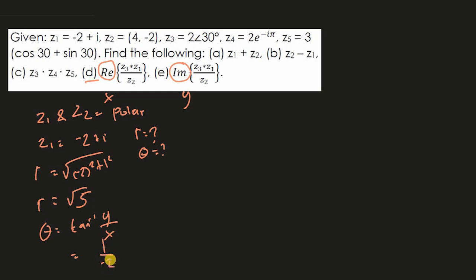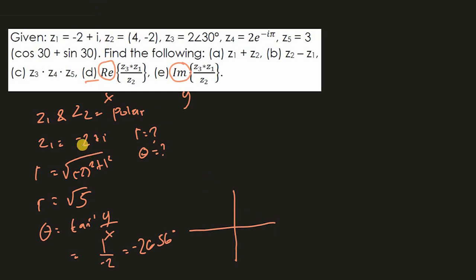Using our calculator, shift tan negative 1 over 2, that's negative 26.56 degrees. So, let's make sure first na nasa tamang quadrant tayo.